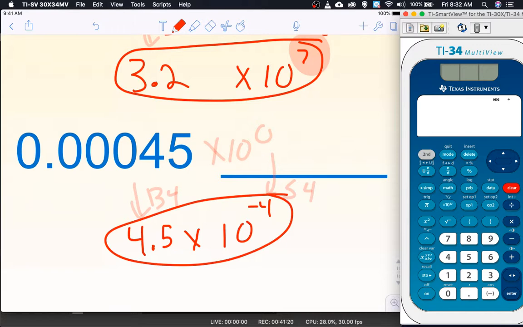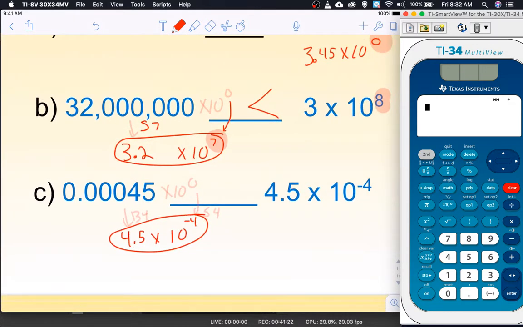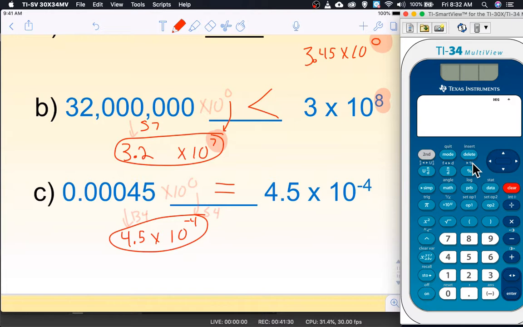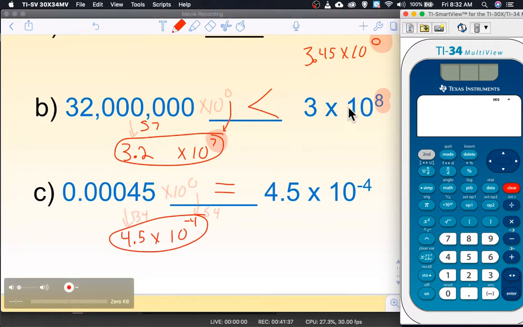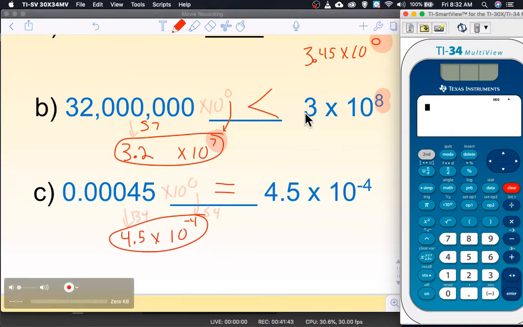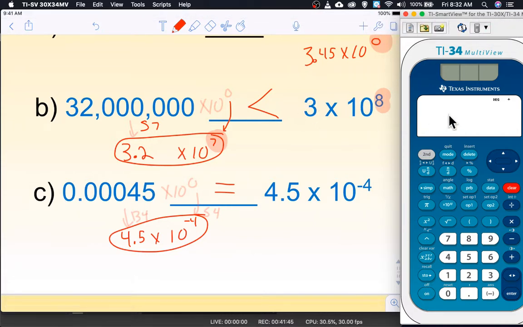So I have this versus that. Ooh, those two are the same. It's 4.5 times 10 to the negative 4th, 4.5 times 10 to the negative 4th. They are the same, and hopefully you found that. Okay, so when comparing numbers in scientific notation, you look at the exponent first. If the exponents are the same, then you look at your decimal piece to compare.